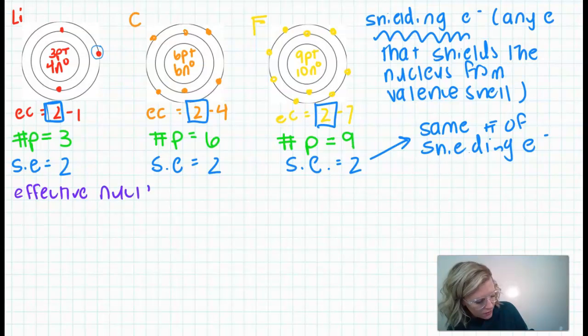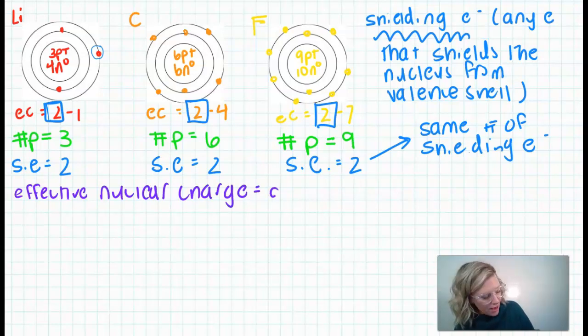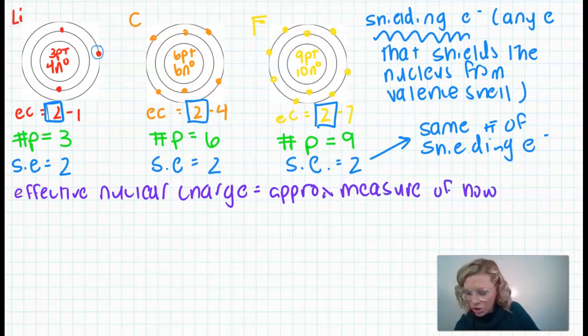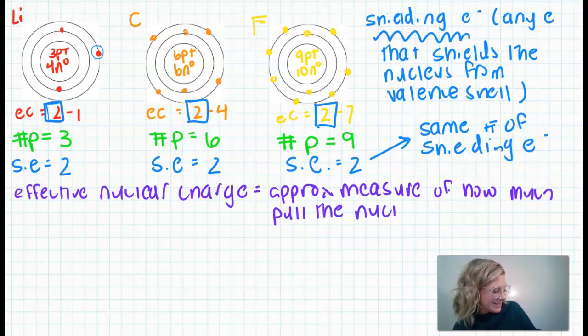Effective nuclear charge is the approximate measure of how much pull the nucleus has on the valence shell.